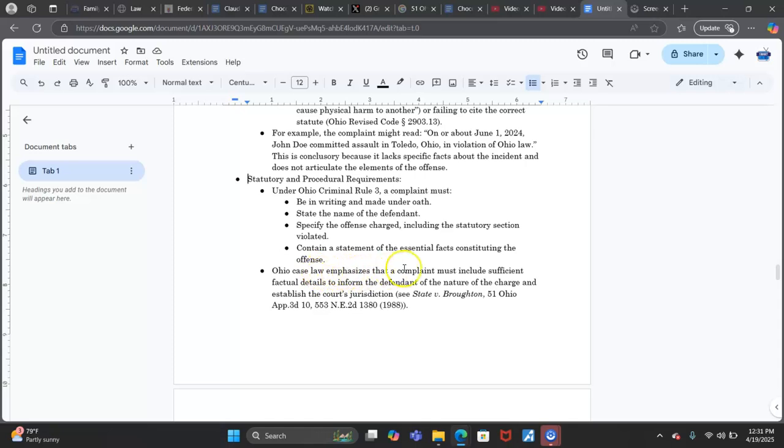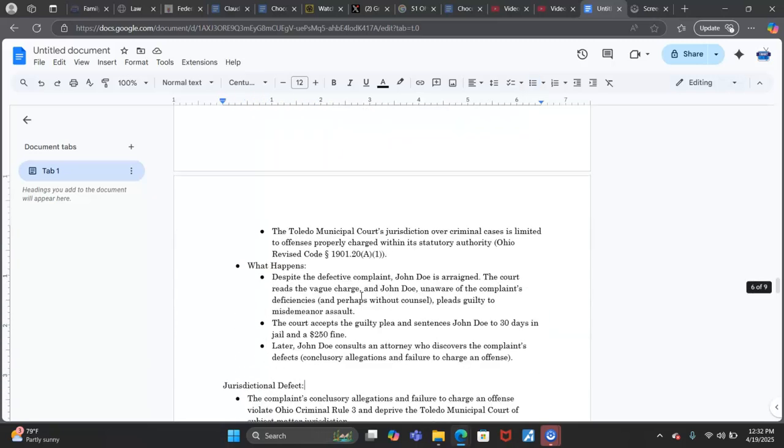Ohio case law emphasizes that a complaint must include sufficient factual details to inform the defendant of the nature of the charge and establish the court's jurisdiction. The Toledo Municipal Court's jurisdiction over criminal cases is limited to offenses properly charged within its statutory authority.